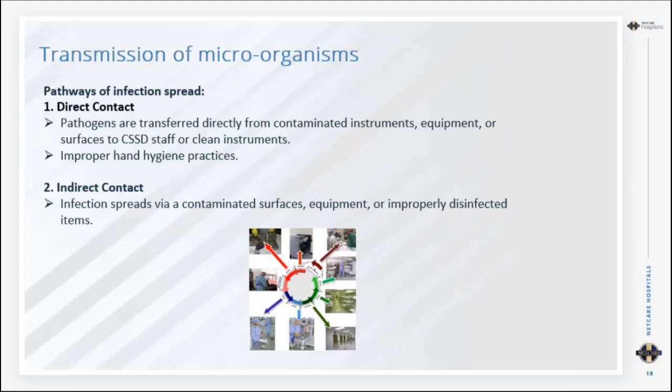Another big one is our cleaning brushes and sponges that we use, and I'm sure you can already picture what yours looks like in your CSSD, and hopefully it's nicely hung up and clean and they're changed when they're due for a change. We also look at instruments that are not adequately cleaned and sterilized before reuse. That would also lead to indirect contact for transmission of microorganisms.